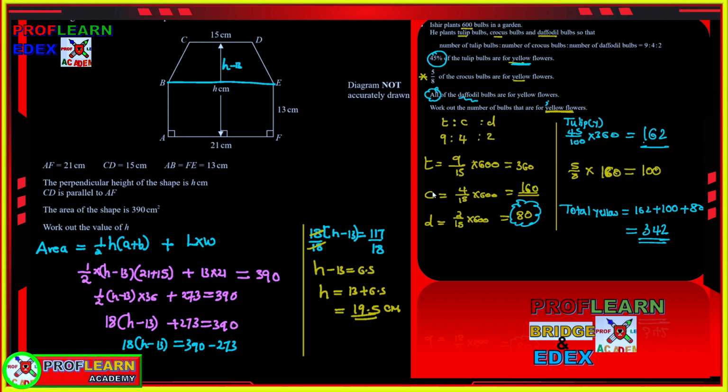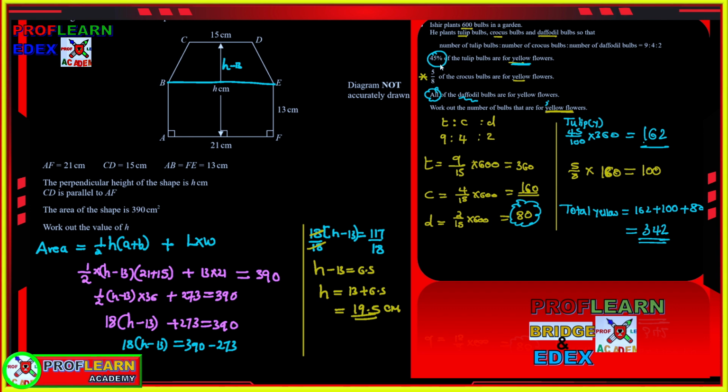For crocus it will be 4 over 15 times 600, which will be 160. And also for the last one, which is daffodil, that will be 2 over 15 times 600, which becomes 80.